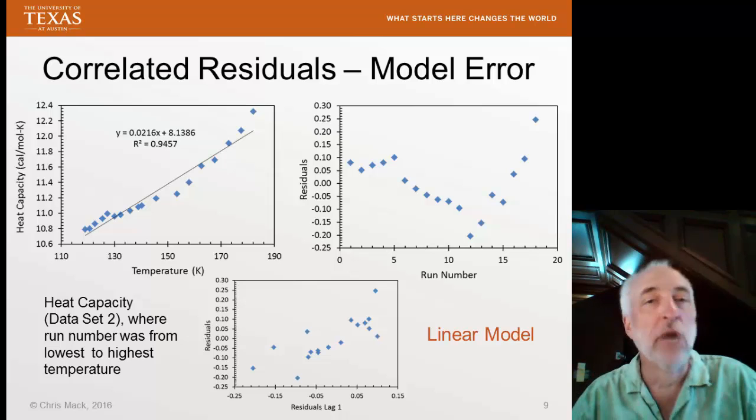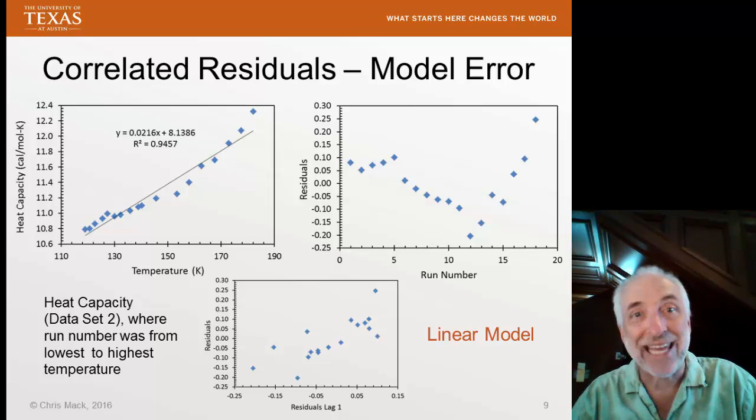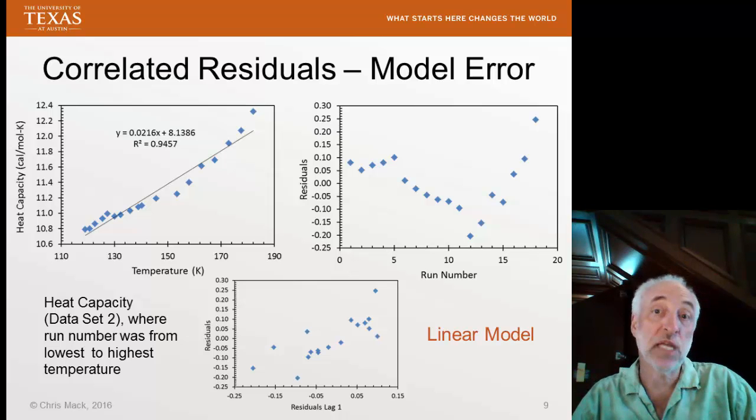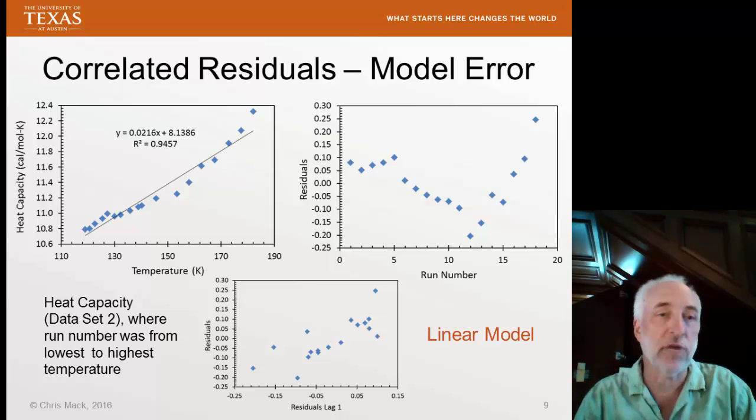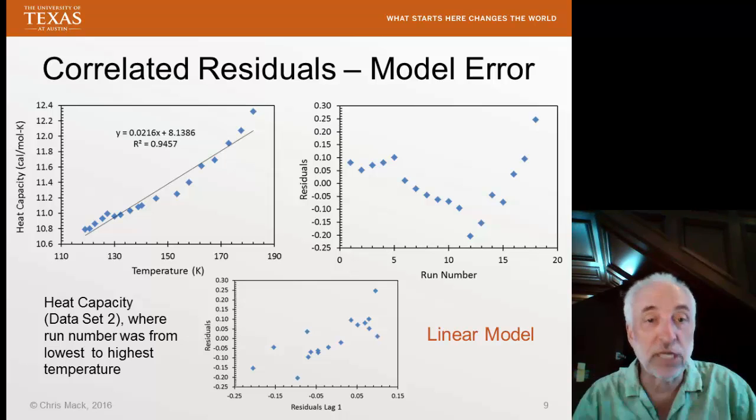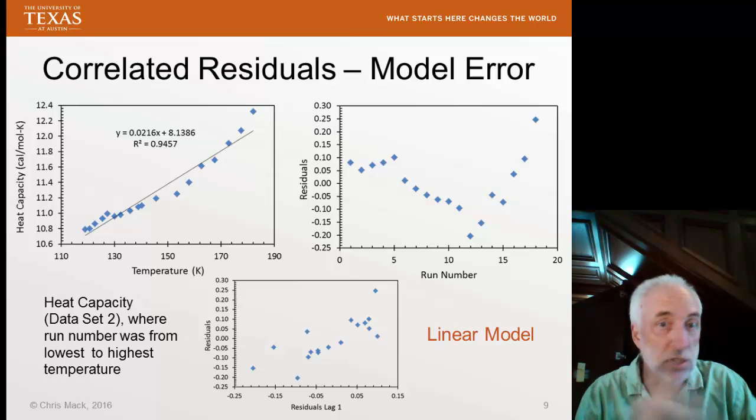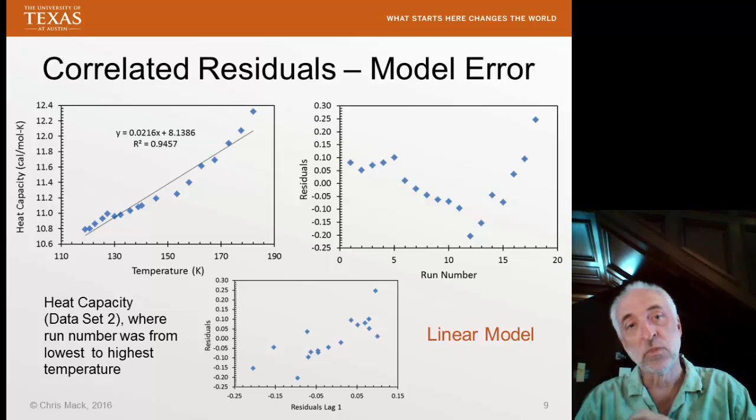Now, one of the most common ways of getting correlated residuals is through model error. Here's an example. Here I'm measuring heat capacity versus temperature. So I have some material, I measure its heat capacity, I change the temperature, and the heat capacity changes. Generally, at higher temperatures, you have higher heat capacities.